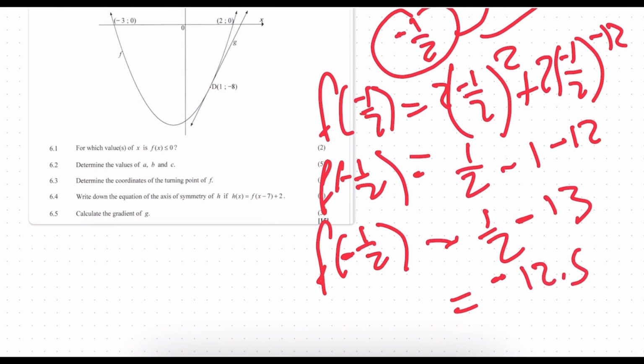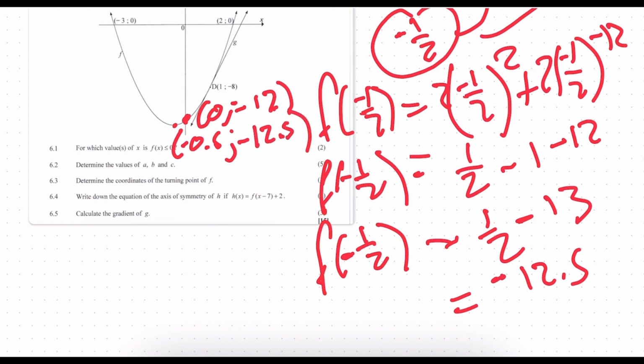Does this make sense to me? You remember this point over here, the y-intercept was 0 and minus 12, the c value. But the turning point is just below that. So it's minus 0.5 and minus 12.5, right?